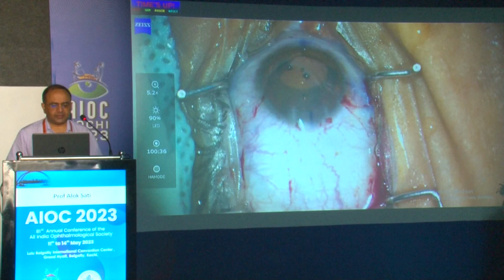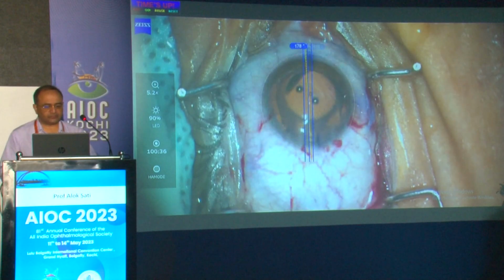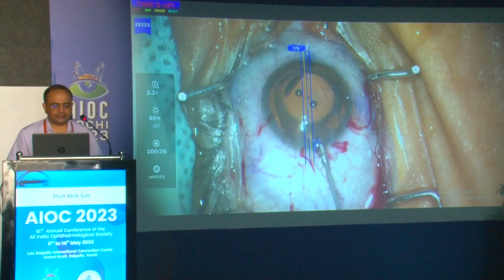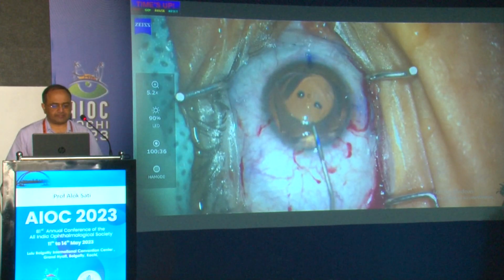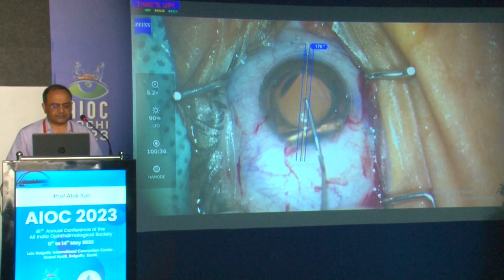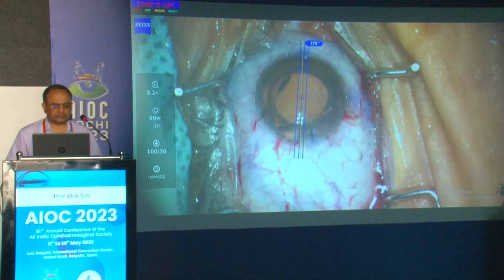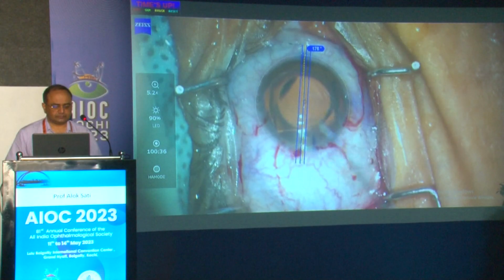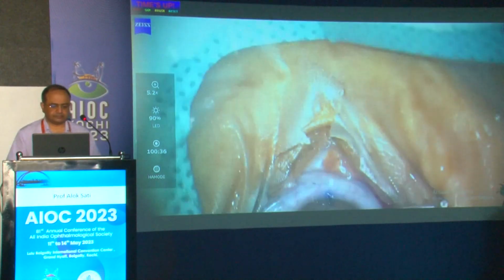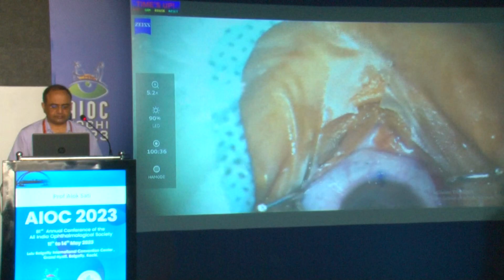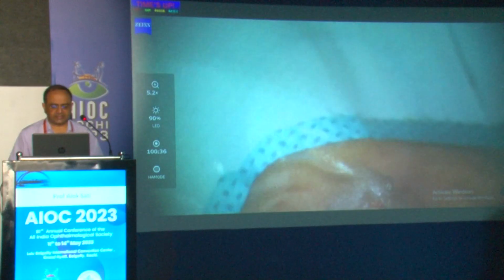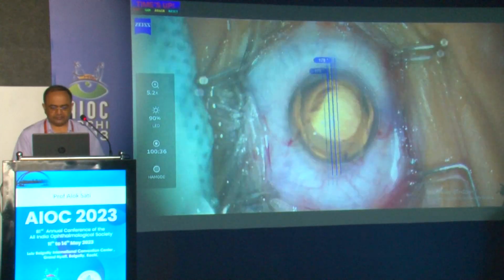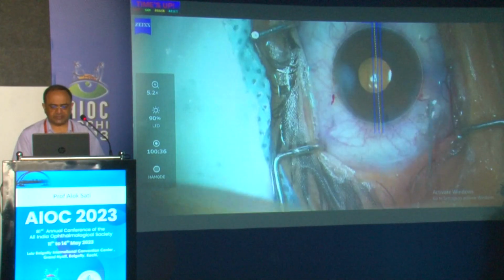And after that, you have to tuck in all these 4 haptics, considering the toricity into account. 178° is the axis where you have to place it, and finally we have placed everything.